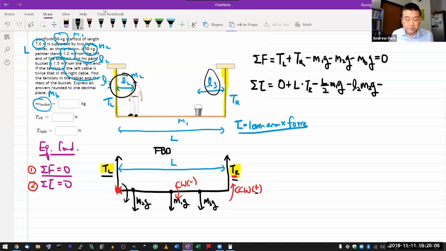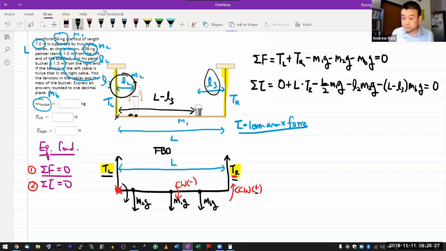We are given L3, but that's not the distance from the center of rotation. The distance from the center of rotation is this, which should be L minus L3. So L minus L3, M bucket G. And that should add up to 0.